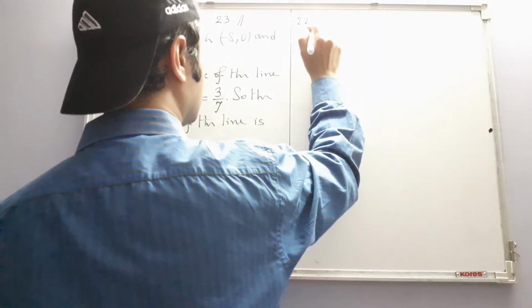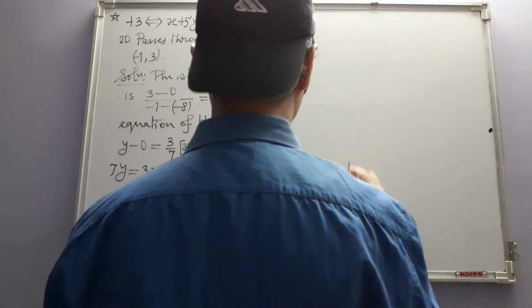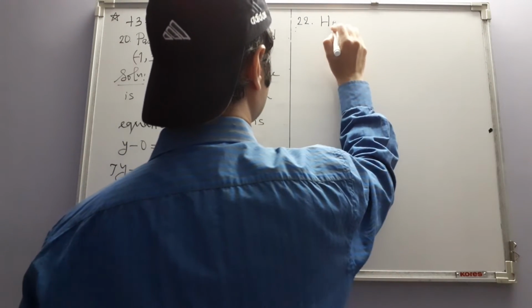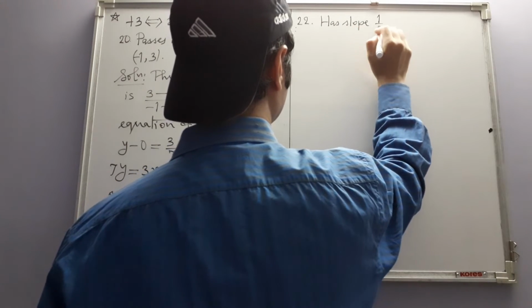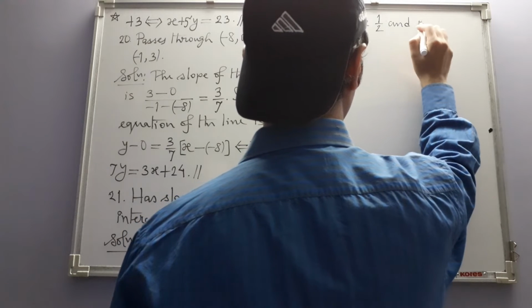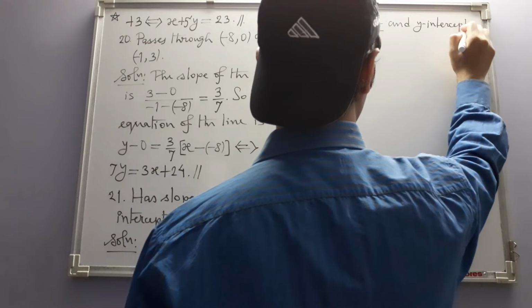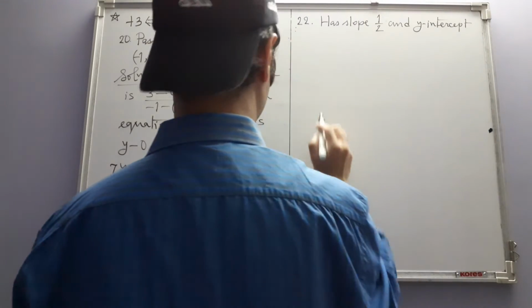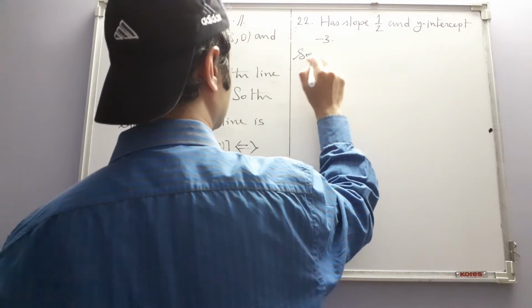Then 22 has slope 1/2 and y-intercept -3.